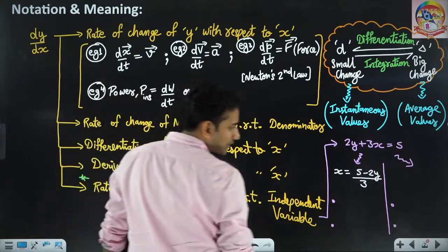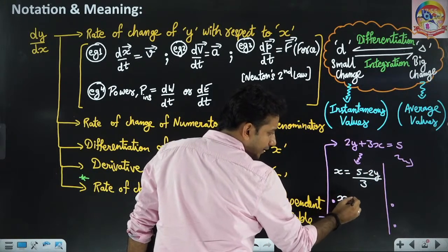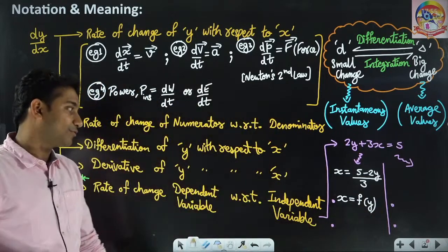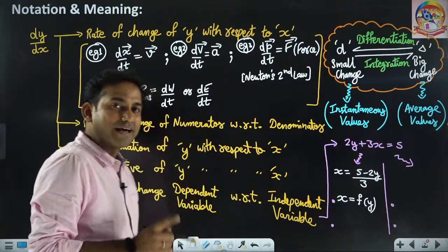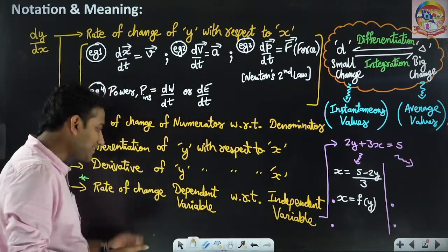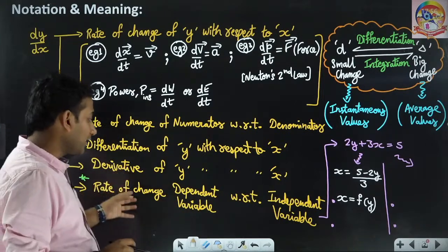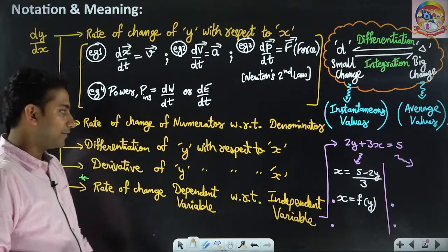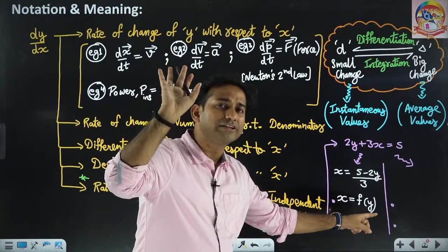So you got x as a function of y, so the value of x is dependent on y. And just now I told you that differentiation or derivative means rate of change of dependent variable with respect to independent one. So here y is as per your mood, so independent of everything.